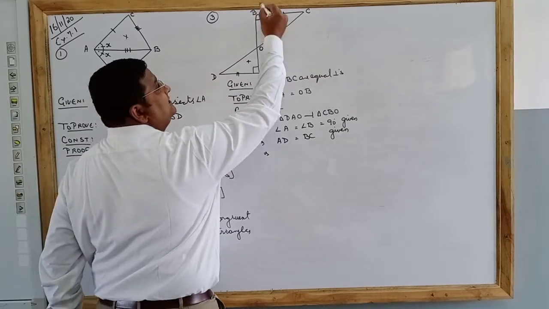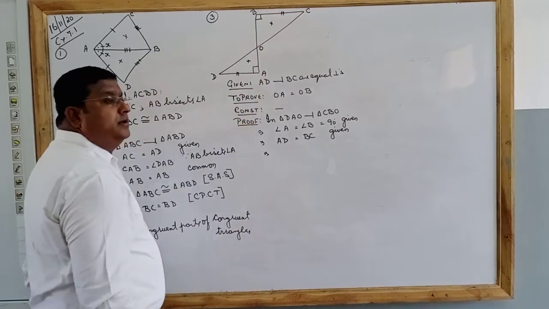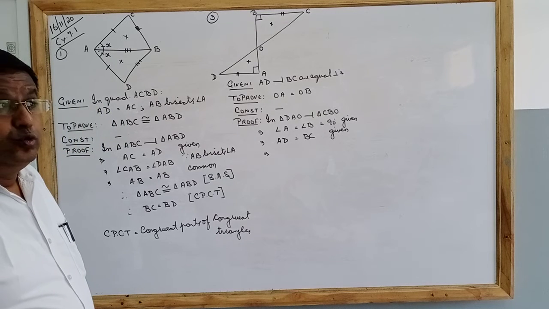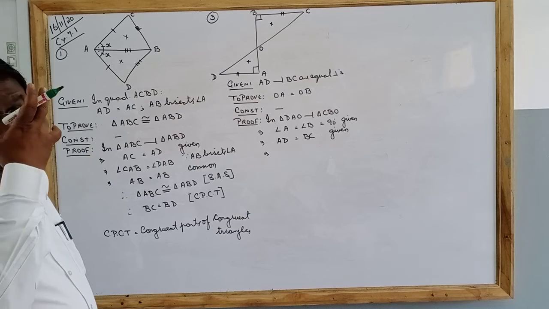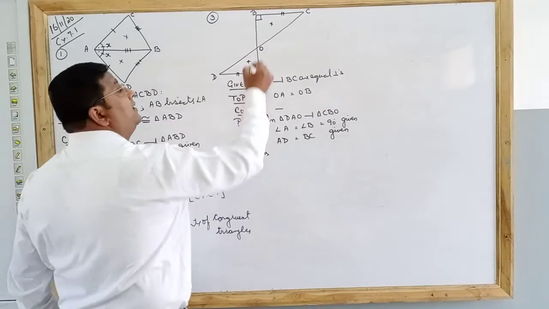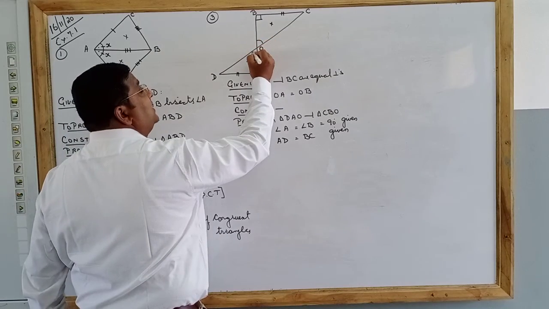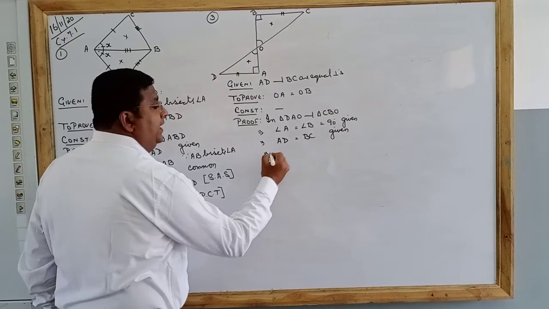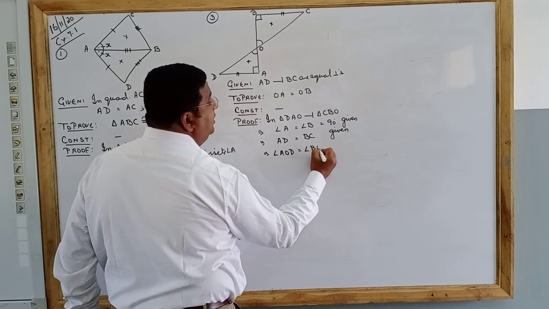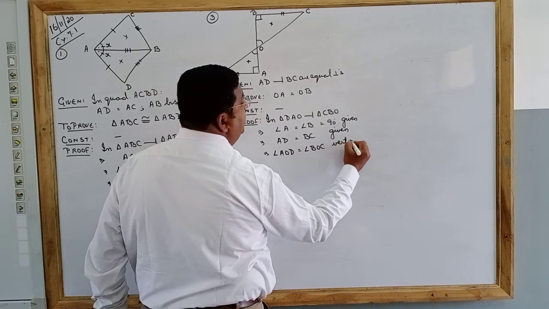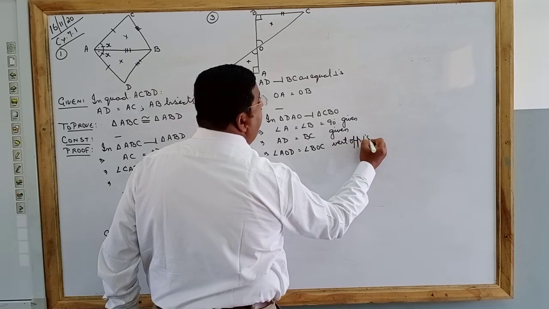When two lines intersect each other, vertically opposite angles formed are equal. It was given to you in your half-yearly assignment. Is this angle equal to this angle? Angle AOD equals angle BOC, that is vertically opposite angles.